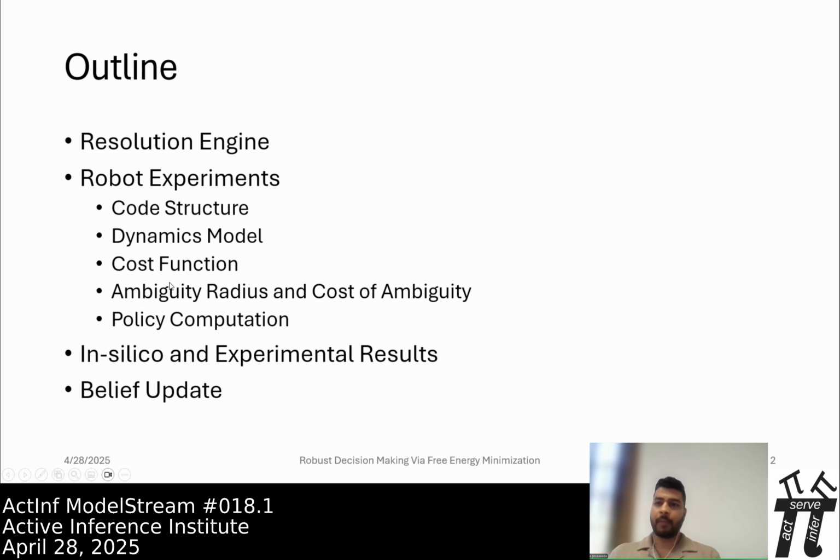What is the ambiguity radius and what is the cost of ambiguity? How is it computed? And at the end, how we compute the policy, basically. And then we'll talk about the in silico and experimental results. And then I will talk about, in the end, the belief object part, which is a very cool part of this Dr. Free algorithm.